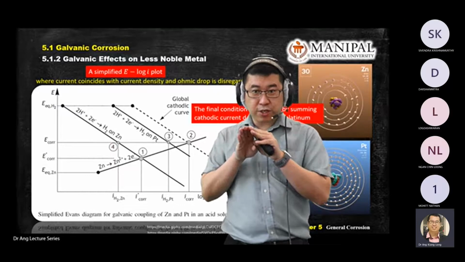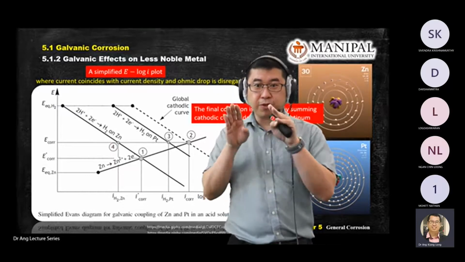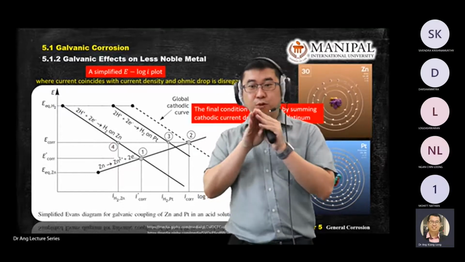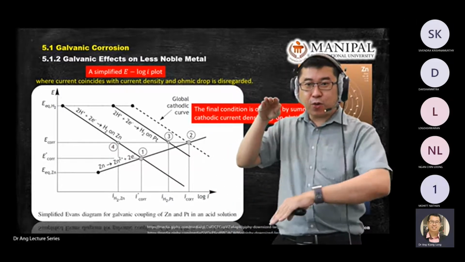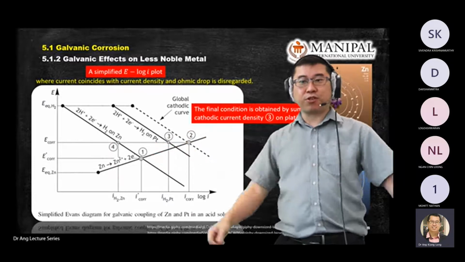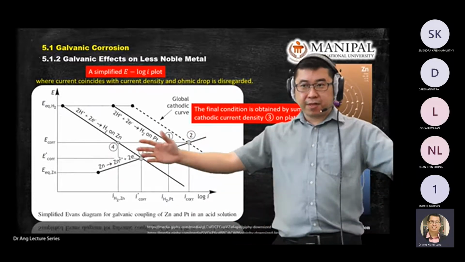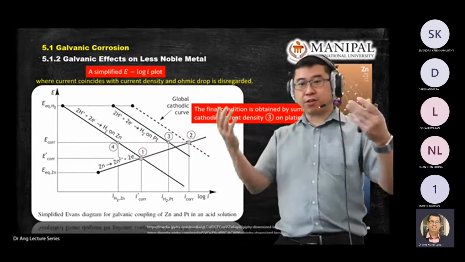So the potential is maintained until the corrosion finishes, until your lower-nobility metal says, I have no more electrons to give you. Then if there are no more electrons to give, the corrosion stops.